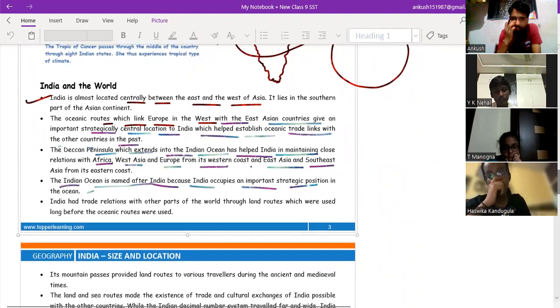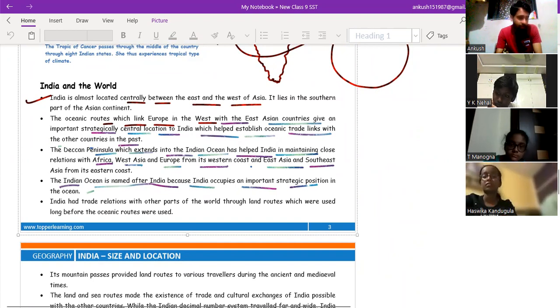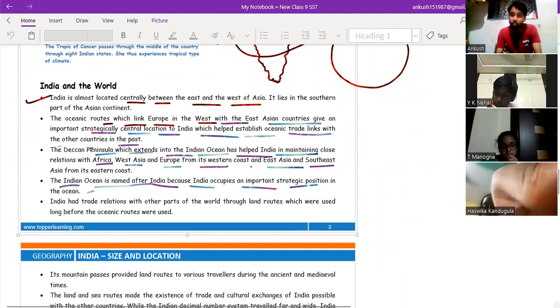Now we saw how India is located, at which place: it is placed here in the Asian continent. And after that we saw how the world is connected with India, and India with the world.